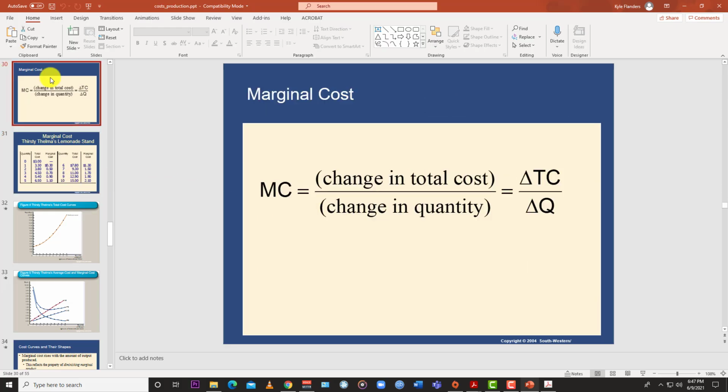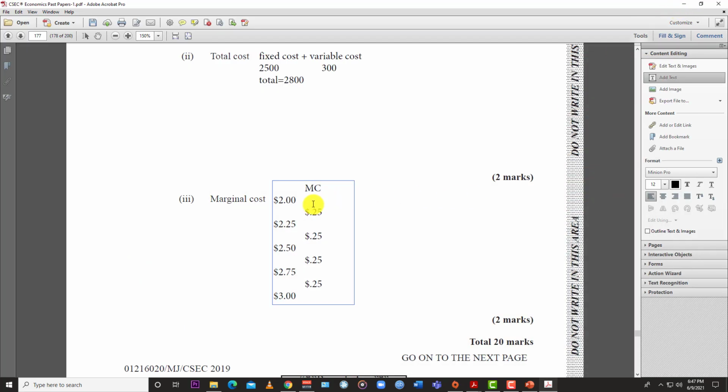And so you have it right here, the equation right here, change in total cost over change in quantity, and that's your marginal cost. And so the change in total cost, so it was $2, then it moved to 25. So the change would be 25, because the 25 divided by 1, because it's a difference in 1 unit, just 1 unit. The cost is a movement to 1 unit, so it's 1. So you divide that by 25 and you get, of course, 25.